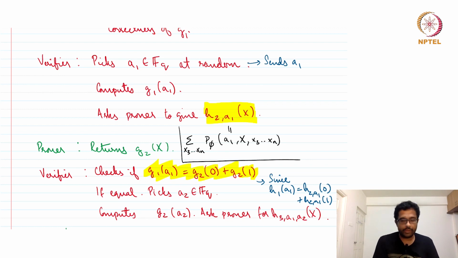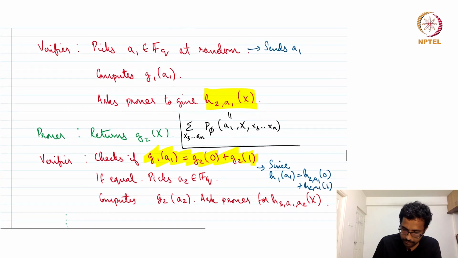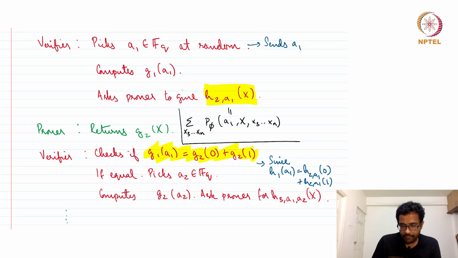If the prover gets lucky here, he may escape, but that is accounted for in the probability. So the point here is that the probability of the prover getting lucky is very small, and at each stage, suppose the prover does not get lucky, suppose G1 A1 is not equal to H1 A1.